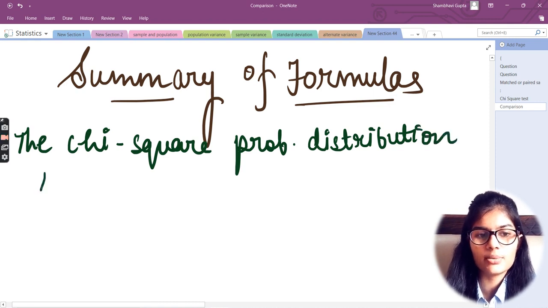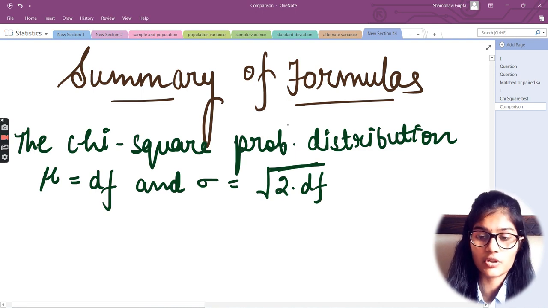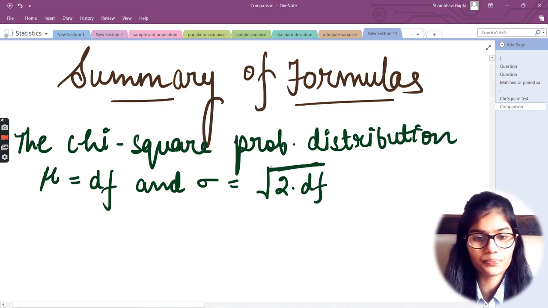For that, we have the formulas: mu is equal to df, and sigma is equal to the square root of 2 times df, right? These are the formulas we have for this particular probability distribution.